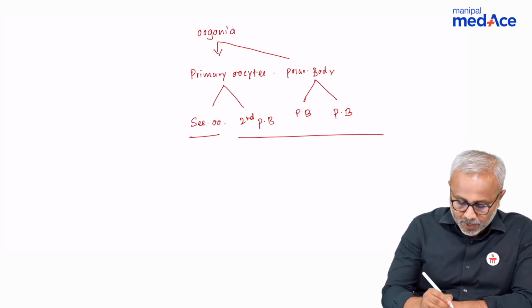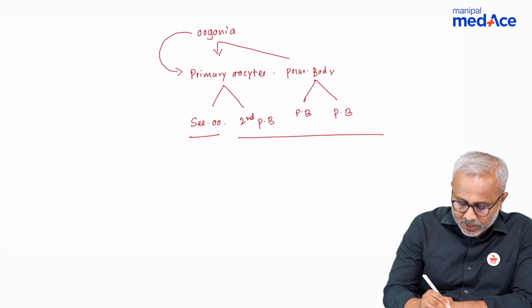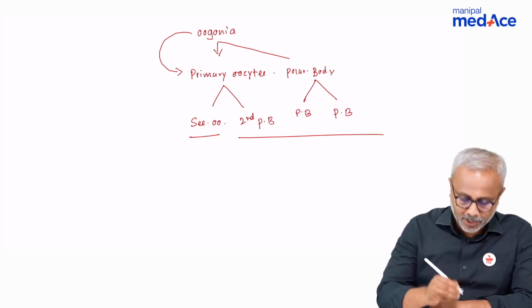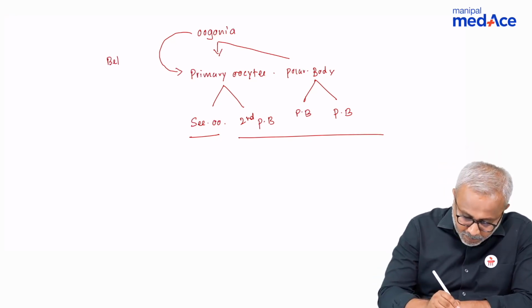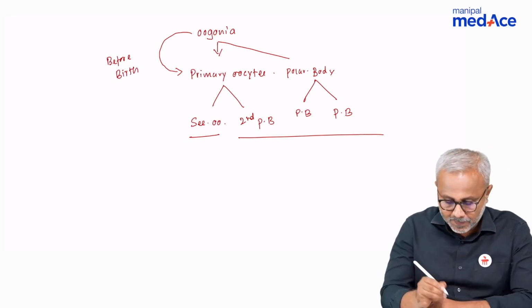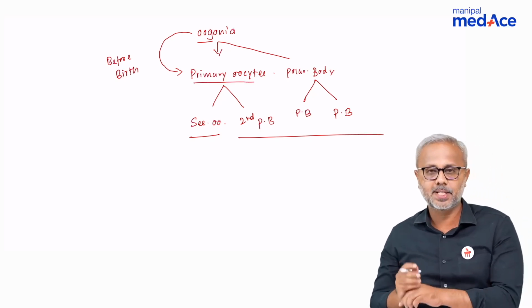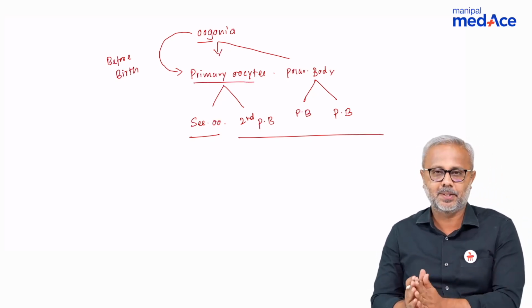Now remember, all the oogonia get converted into primary oocytes before birth. So by about the 3rd month to 5th month of intrauterine life, all oogonia are converted to primary oocytes by a process of mitosis.